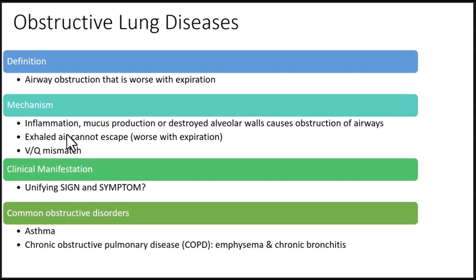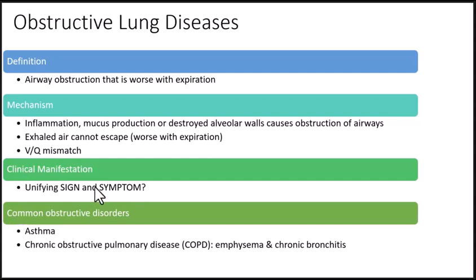And you may remember from normal anatomy that the forced expiratory volume test is a test that can determine somebody's lung health, where they're required to breathe in deeply and then forcibly breathe out or expire as quick as possible. And so people with obstructive lung diseases cannot breathe out air at the same rate as those without obstructive lung diseases.